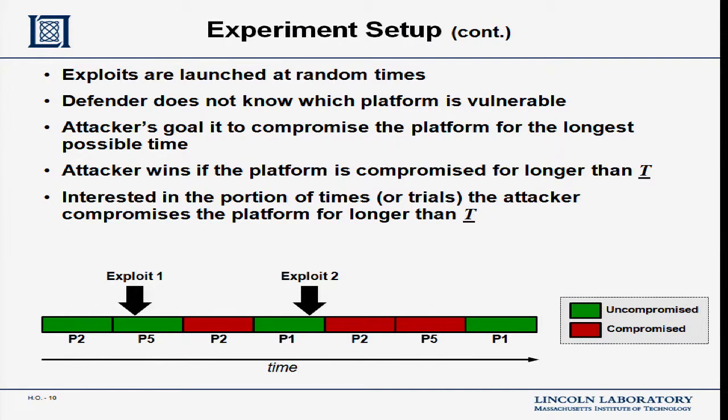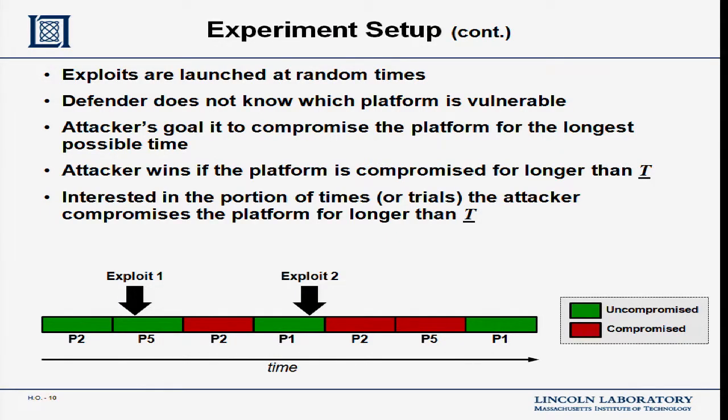In this case, we parameterize that as capital T, which is the attacker's goal. So if we have these long runs of compromised platform, the attacker wins. If, on the other hand, we disrupt that and we have clean platforms in between, the attacker doesn't win. So here you can see that platforms 1, 2, and 5 are deployed, and platforms 2 and 5 are actually vulnerable to the exploits.